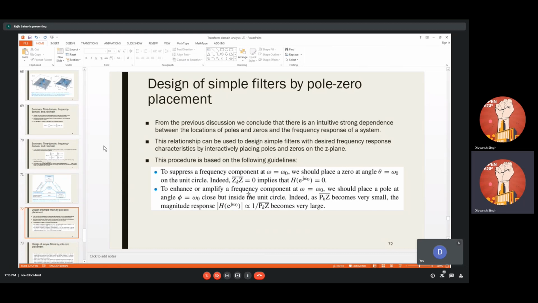To enhance or amplify a frequency component at omega equal to omega naught, we should place a pole at an angle phi equal to omega naught, close to but inside the unit circle, because you cannot take the pole outside the unit circle. So as the vector pk to z becomes very small, the magnitude response, which is inversely proportional to it, will become very large. So the magnitude of H of e to the j omega at omega equal to omega naught will be inversely proportional to the length of the vector from pk to z. Therefore, the magnitude response will become large.